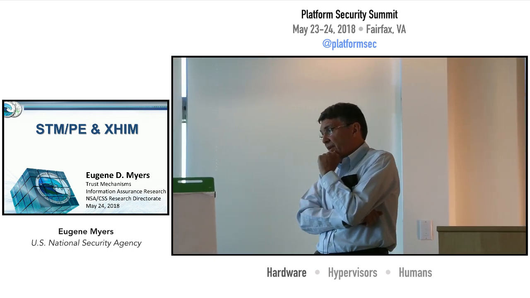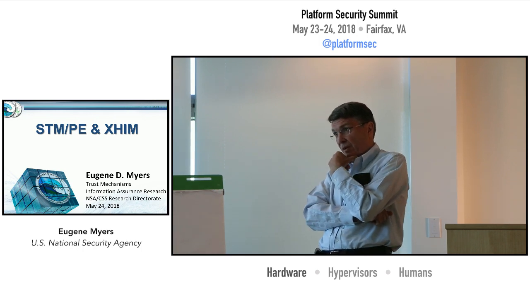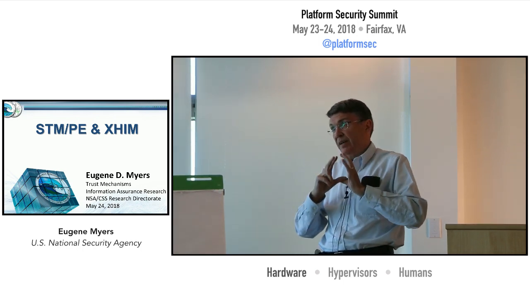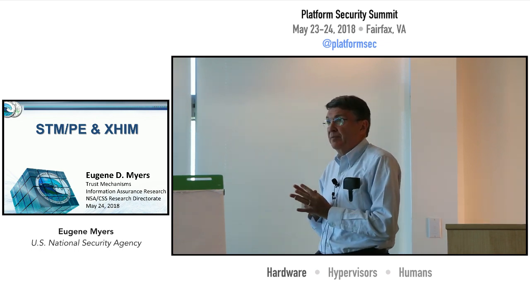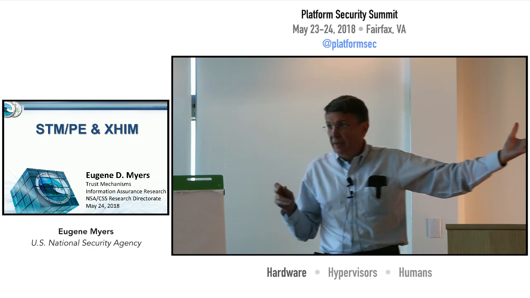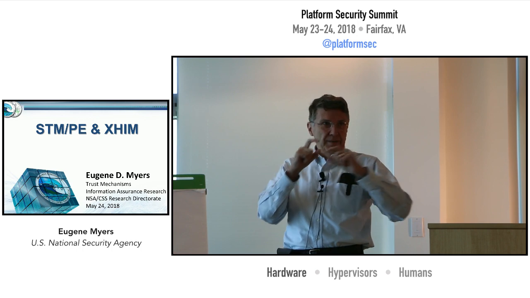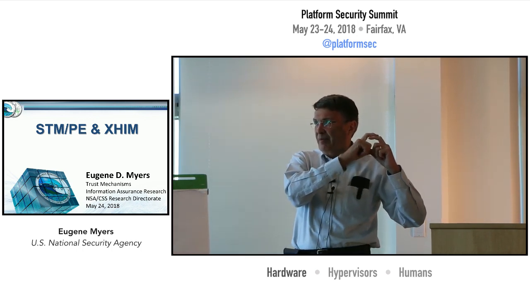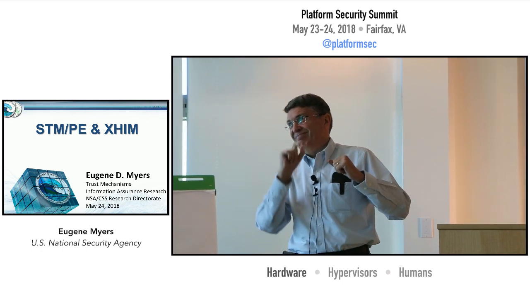Okay, that's a good question. Well, basically, I have one point in the system where I know that there's no possible way, unless there's a bug in the STM, that someone's going to affect the measurement. The nice thing about, say, Bromium, the case that was talked about earlier, is that it's a nice small hypervisor, which means I can have a very small XHIM that doesn't have to spend much time measuring.